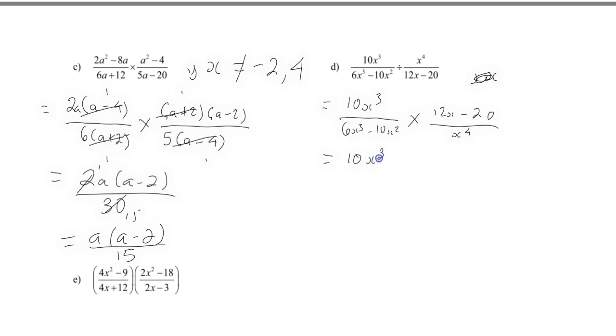So 10x cubed. So 2x squared. It's a case where it's just a great common factor, right? 3x to give me the cubed. Minus 5. Times 12 and 20, so 4. And I'll give 3x minus 5. So this is not a surprise because we would have wanted something to cancel with.